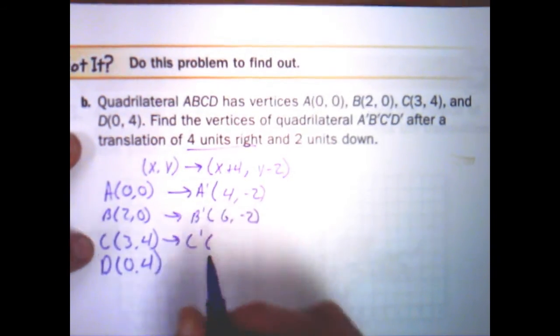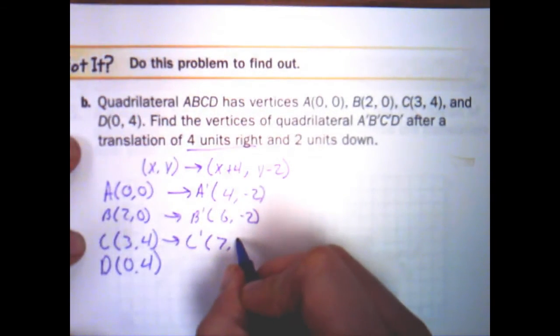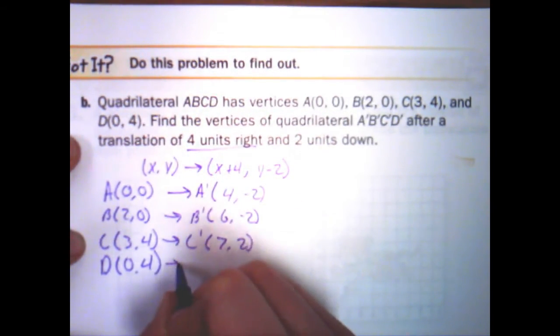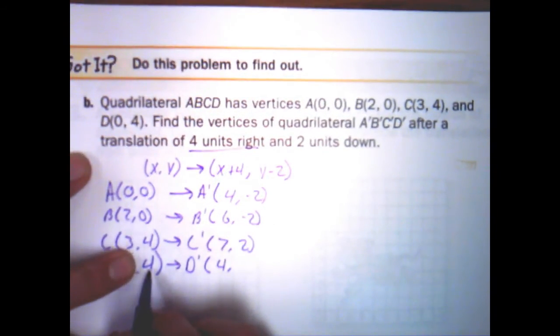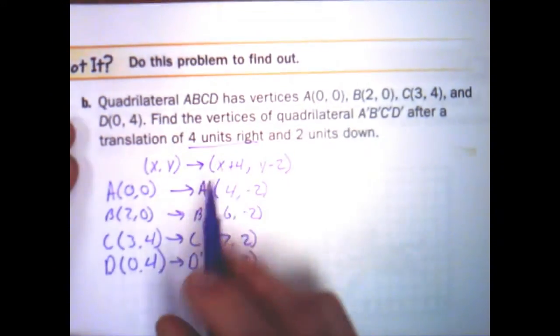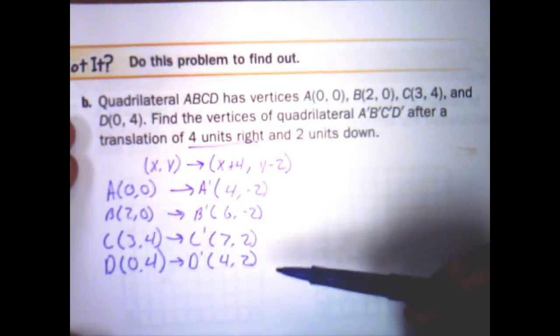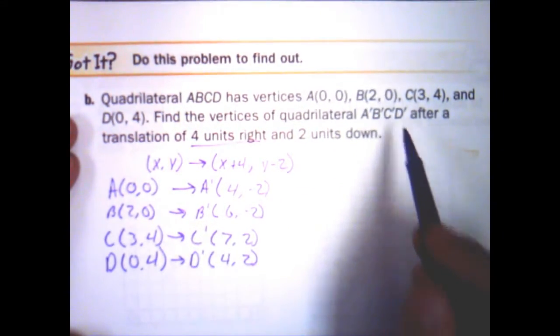C prime, I was at 3, I add 4, I get 7. I was at 4, I subtract 2, I get 2. And D prime, I was at 0, I add 4, and I get 4. I was at 4 for the y, I subtract 2, and I get 2. So now these would be the vertices for the quadrilateral A prime, B prime, C prime, D prime.